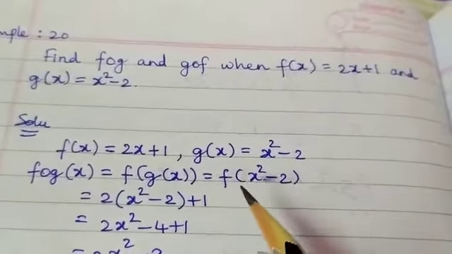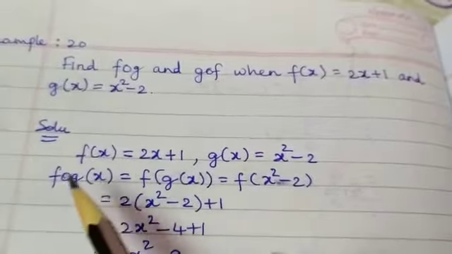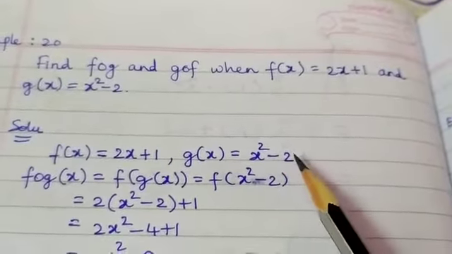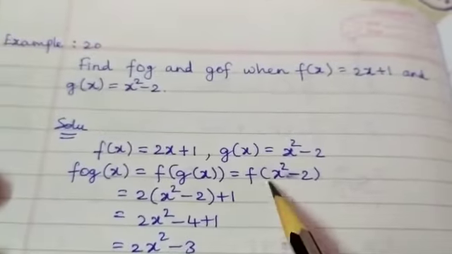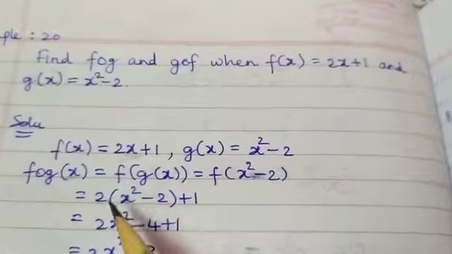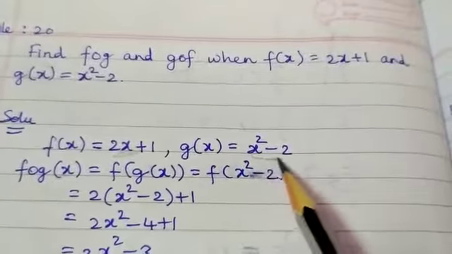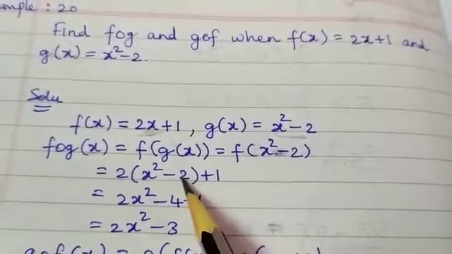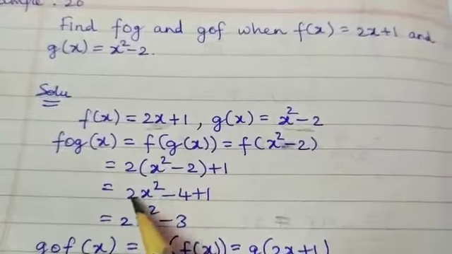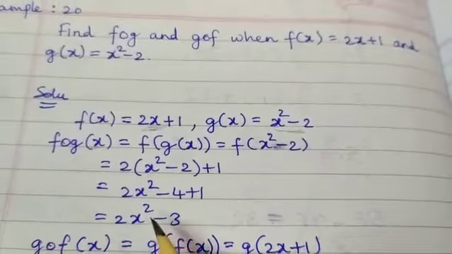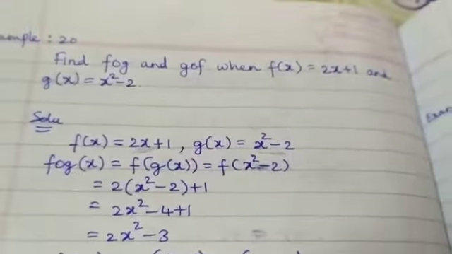I am just substituting the x value as g of x, that is x square minus 2. f of x is 2x plus 1, so I substitute x square minus 2 in the place of x. I will get 2 times x square minus 2 plus 1, that is equal to 2x square minus 4 plus 1, that is equal to 2x square minus 3.